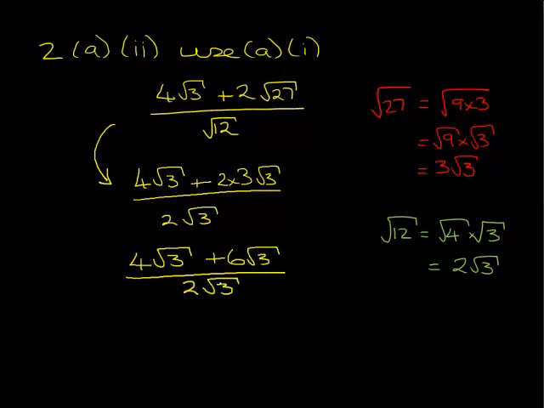Add the 4 root 3 to the 6 root 3 to get 10 root 3. And cancel to obtain an answer of 5.